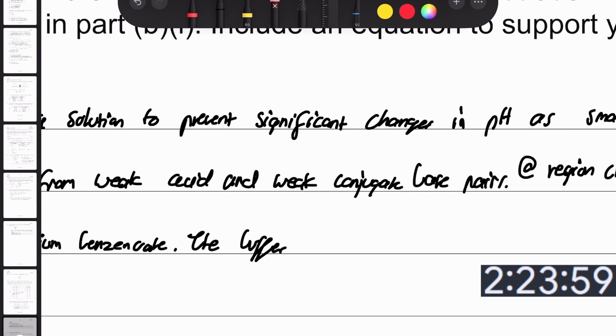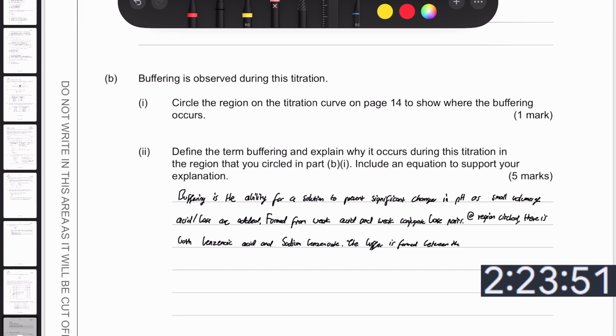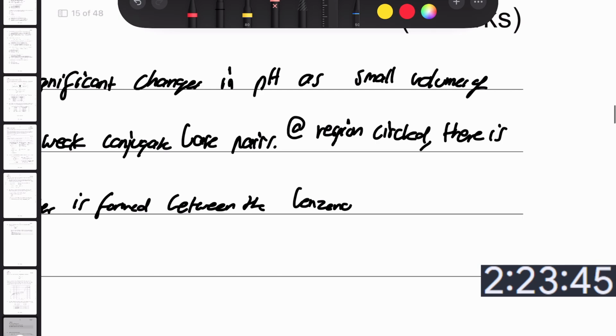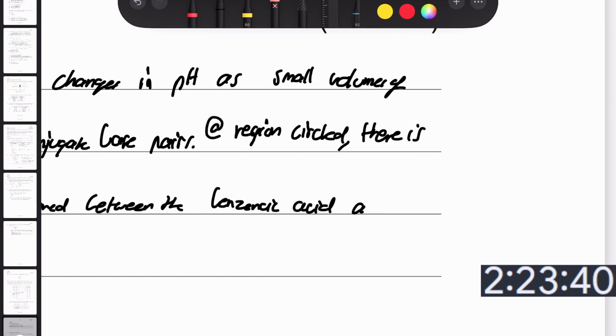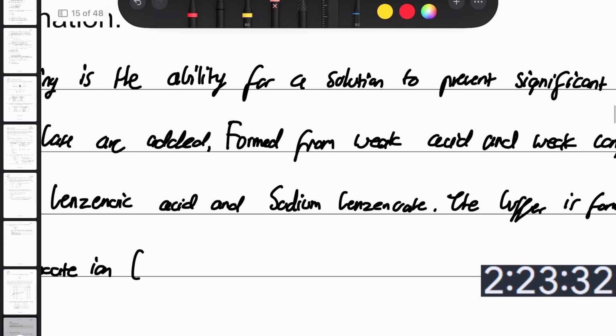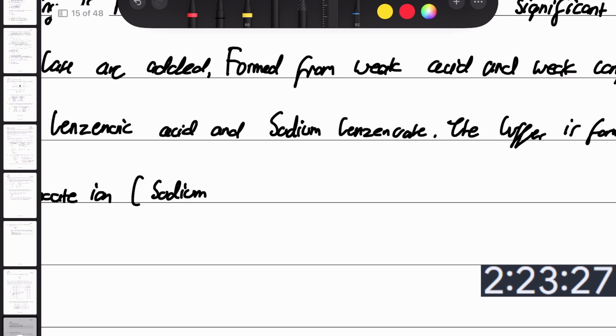The buffer is formed between the benzenoic acid and benzenoate ion. Benzenoate ion from sodium benzoate.